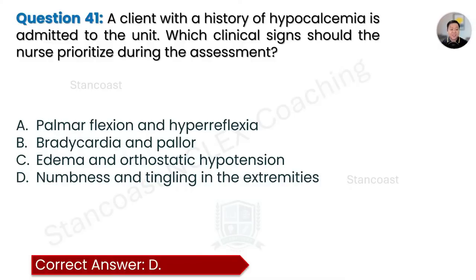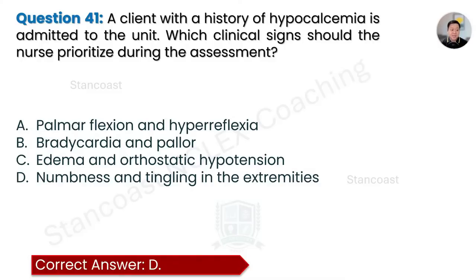The palmar flexion and hyperreflexia are associated with hypocalcemia, but they are specific findings that are part of broader neuromuscular symptoms. And these are not the most generalizable or prioritized symptoms to assess first.